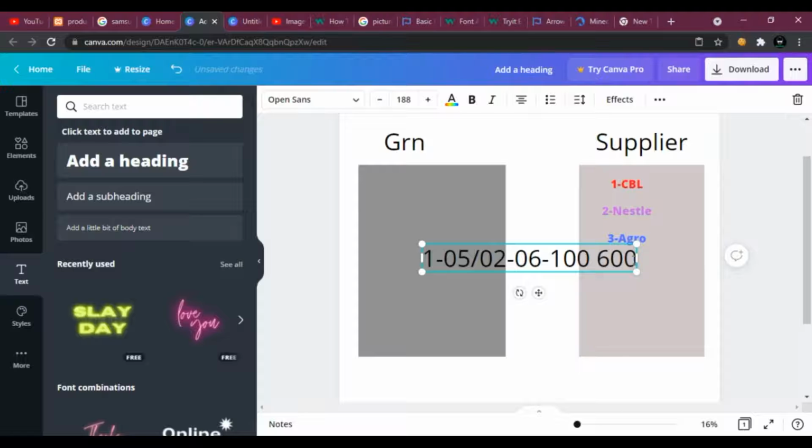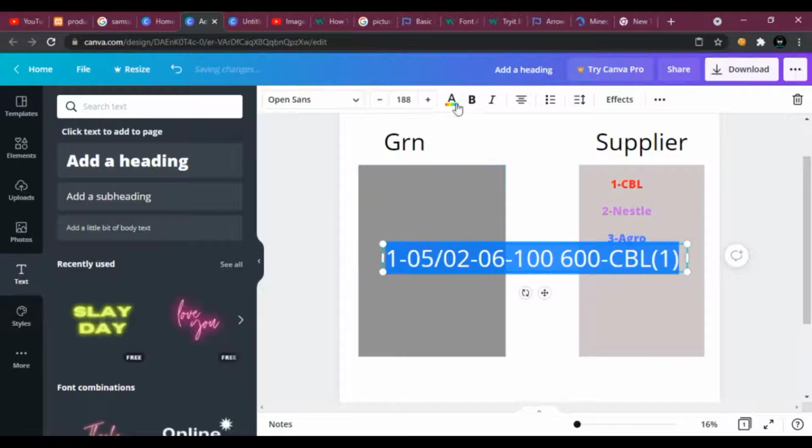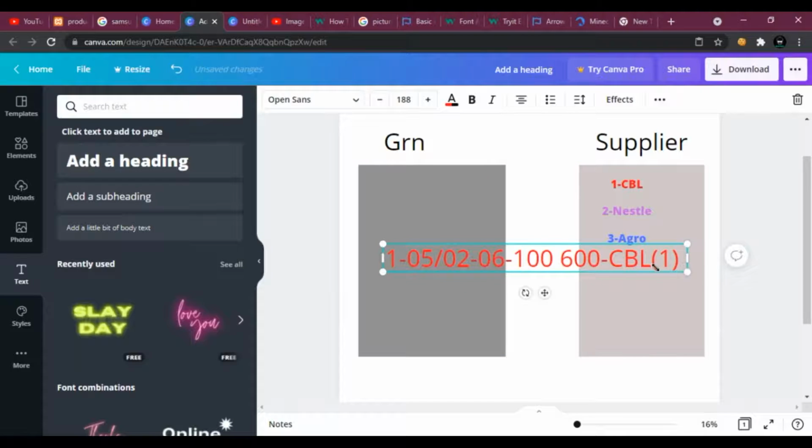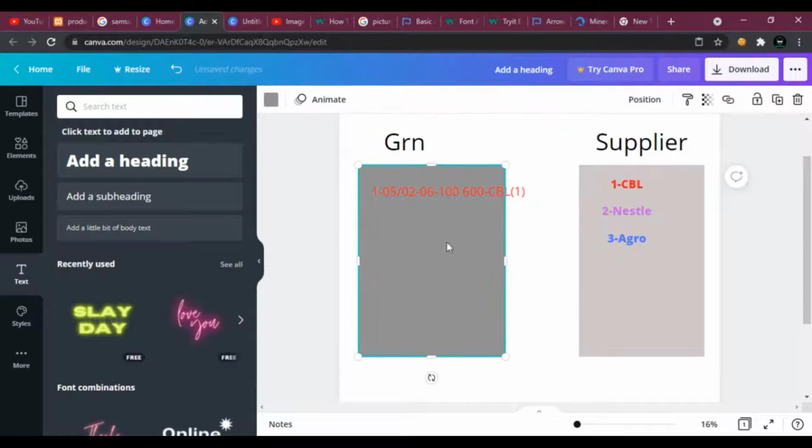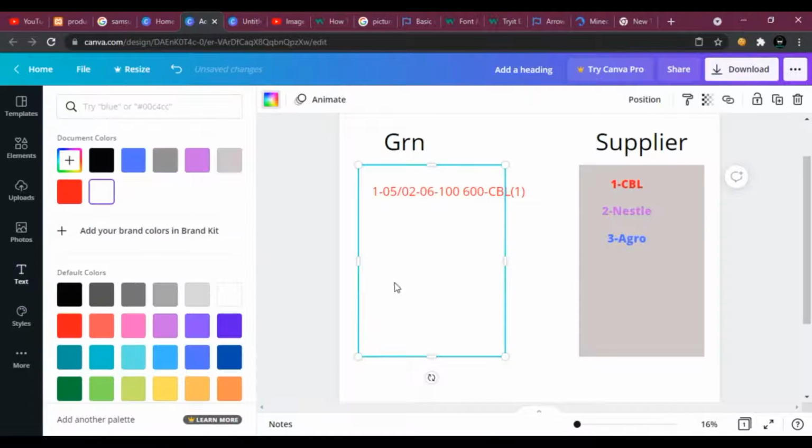He bought it from CBL. So the ID is 1, and the color has to be red in this case. So this is the first GRN table.